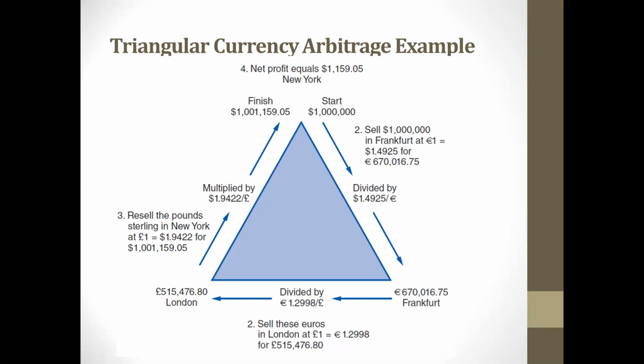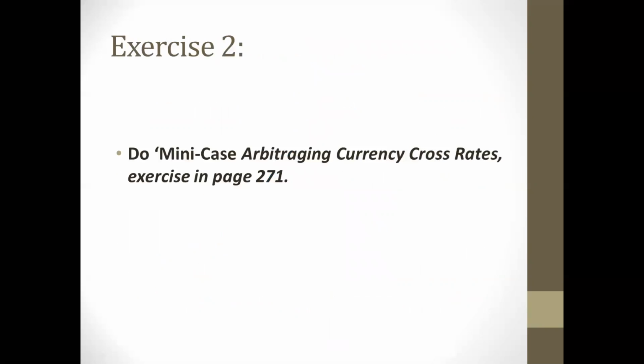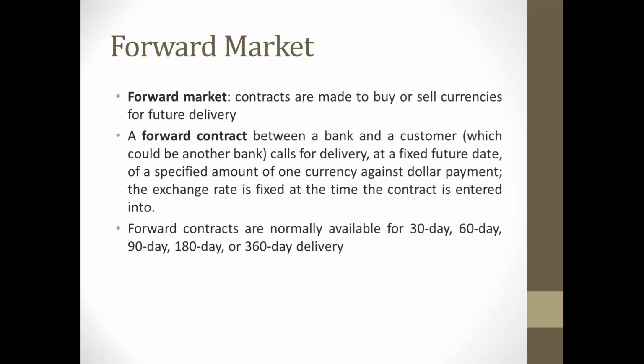But traders continue this because they can earn profit if they can capture information regarding foreign exchange rates in different marketplaces accurately. Okay, so that's the meaning of currency arbitrage in the spot market. Okay, so let's move on to the second type of foreign exchange market, that is the forward exchange market.